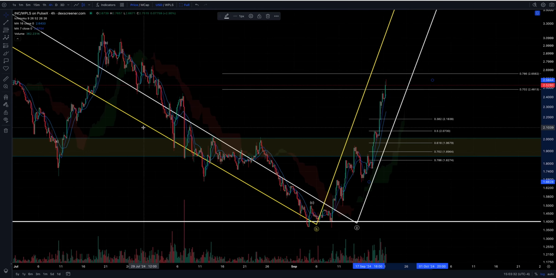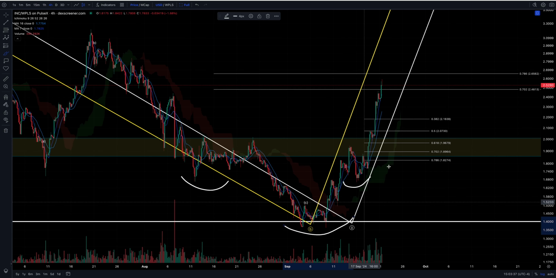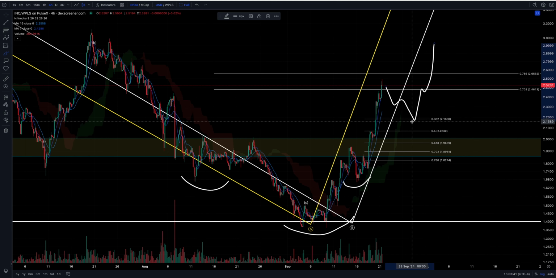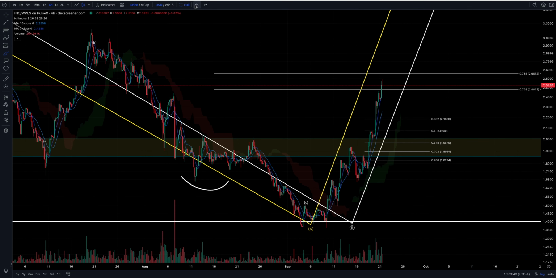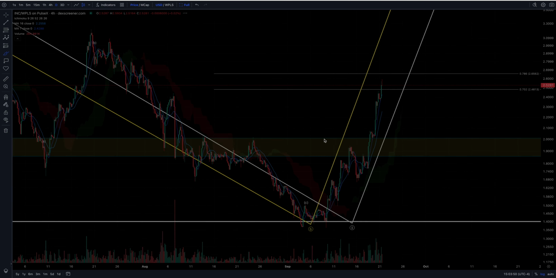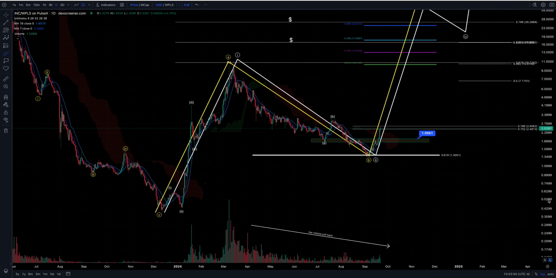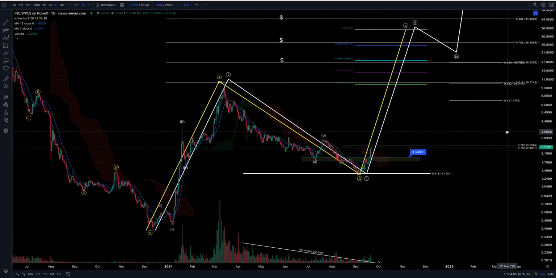Okay, so you may see a little bit of a throwback and then a continuation higher. If we were to have a dip, just remember the dip would be for buying, because we have broken out of a very important level, and that's the 61.8% fib.